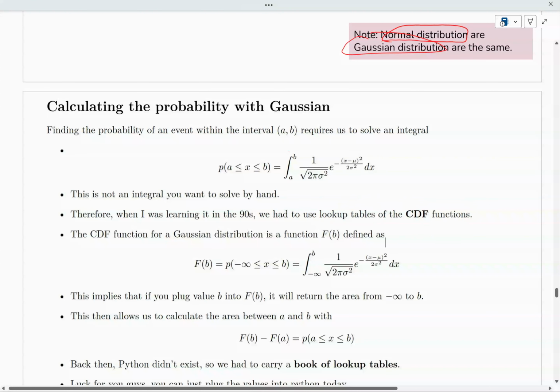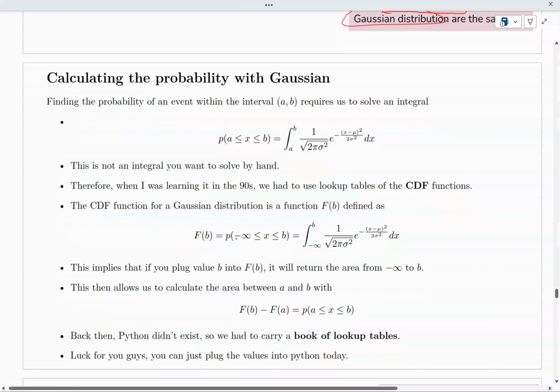The CDF function is a function where if you plug a b value in, it gives you the area from negative infinity to b. So let's say we have this distribution. If you plug b here, it basically gives you the area to here, this whole area. So if you plug b into F of b, it will return the area.